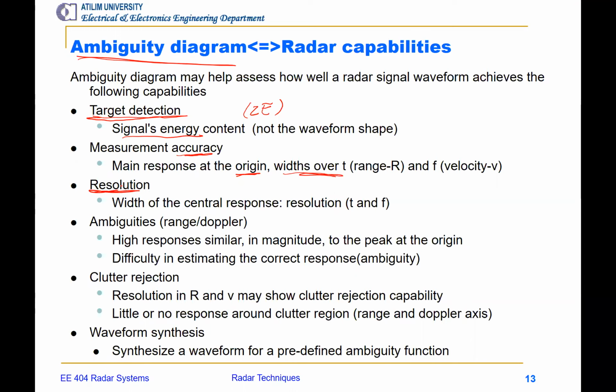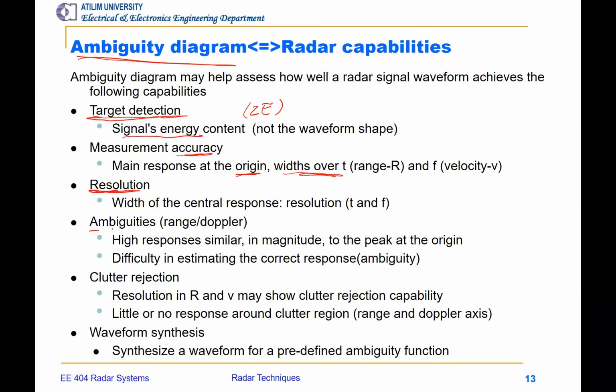Normally, there may be many different peaks over the range and speed axes for an ambiguity function. But we take the main response at the center to have an idea about the resolution. The narrower the central response, the higher the resolution in range and speed.